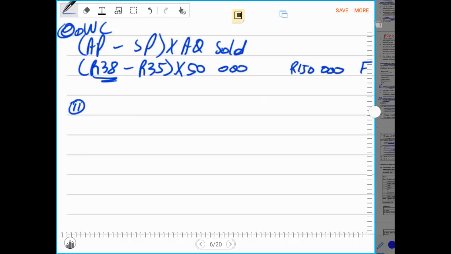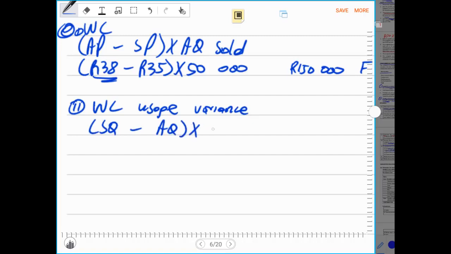So now we are doing that for the whole wheat usage variance. It will be standard quantities minus actual quantities times the standard price, and this has to be per kg.